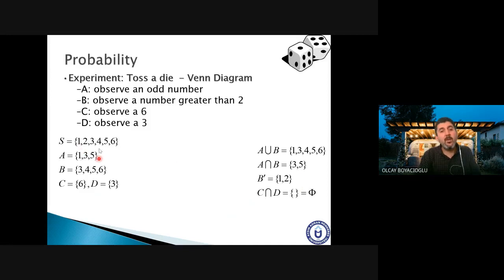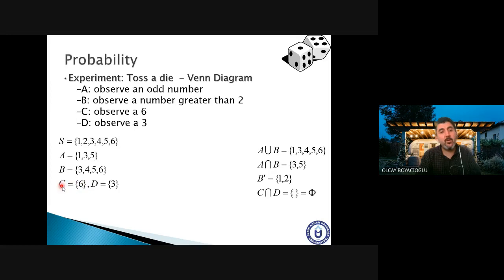What about showing our sample in the Venn diagram? Can you do that? Showing our example, like our sample space is 1, 2, 3, 4, 5, 6, and you will draw A showing 1, 3, and 5, and you will draw another circle showing 3, 4, 5, 6, and make sure 3 and 5 are in the common area for A and B, okay?